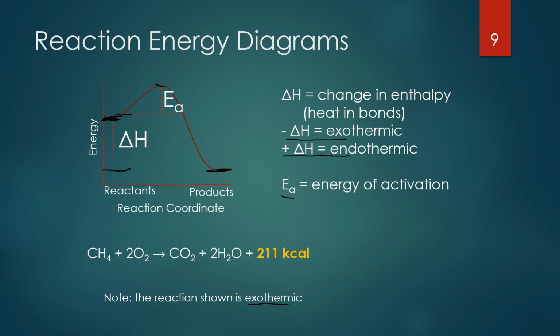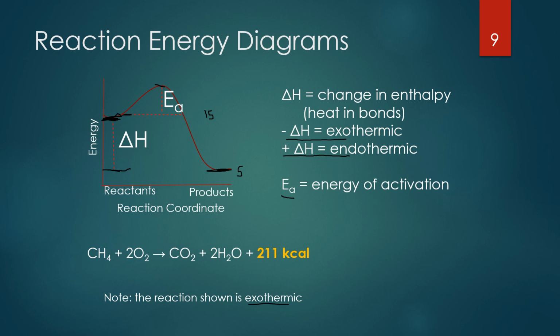Well, if delta H is products minus reactants, I'm taking my 5, my low energy down here, and subtracting the energy of the reactants, which I just said is 15, and I'm just making these numbers up. If I take 5 minus 15, am I going to get a negative or a positive number? I would get negative, right? 5 minus 15 gives me negative 10.